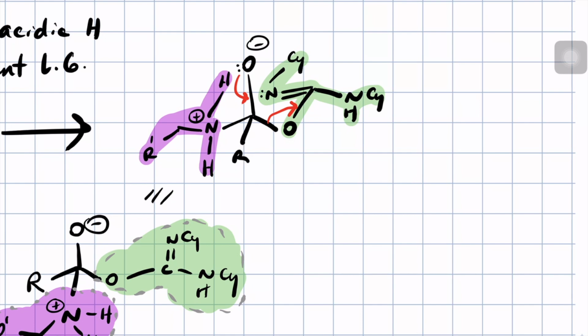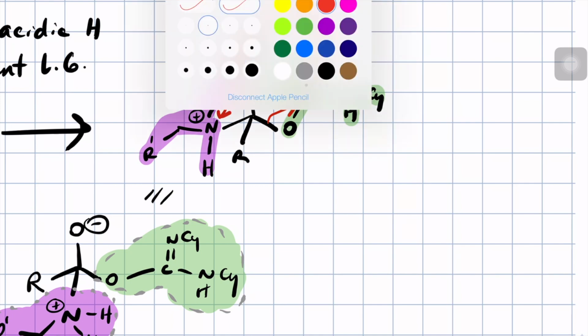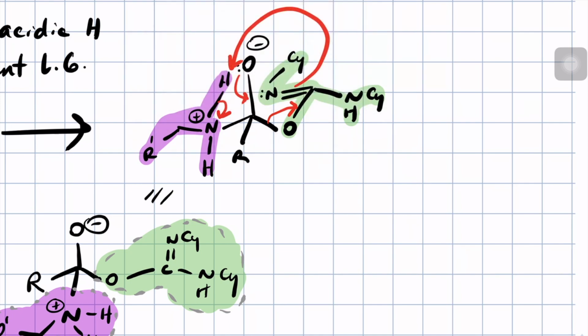At that point, the carbon-nitrogen pi bond will break, and the nitrogen will reach over to a proton on the purple nitrogen that's positively charged. That's an intramolecular six-membered ring type process. And actually, maybe we'll show pi bond attacks nitrogen, and electrons go back onto the nitrogen.